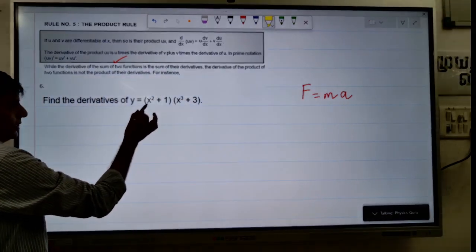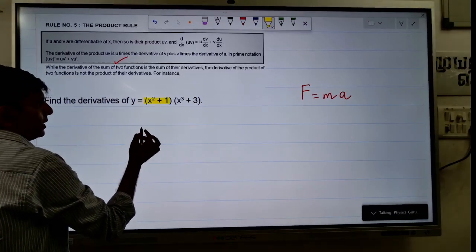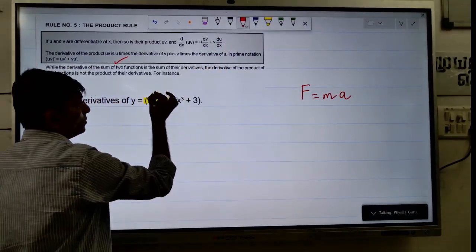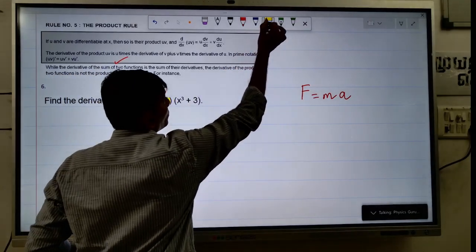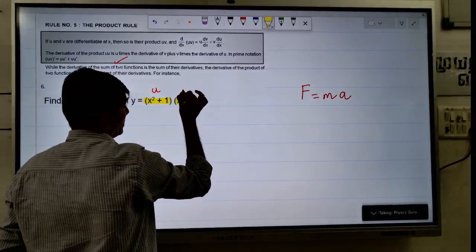Now you can consider this entire quantity as u and this quantity as v.